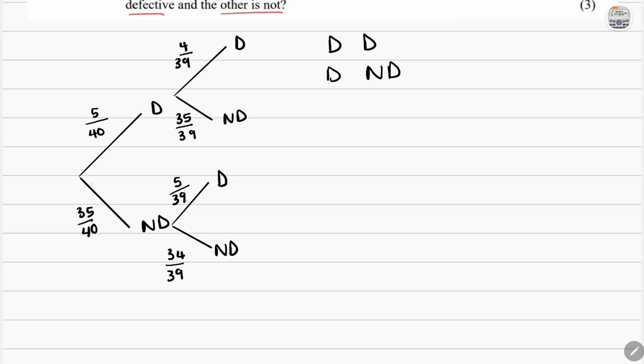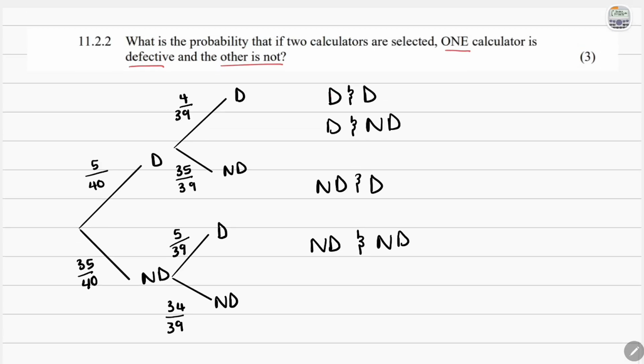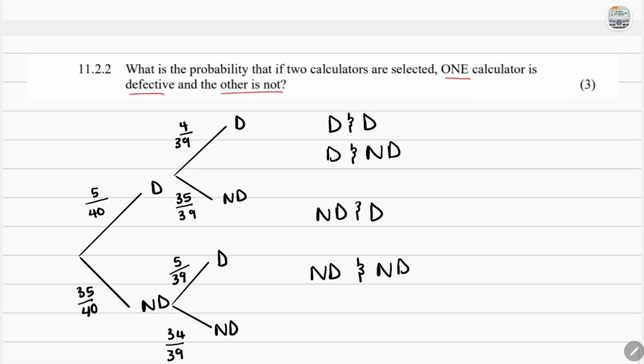And here's another outcome that we can have. We could pick, in the first pick, a non-defective calculator, and then in the second pick, we pick a defective. And the last outcome we'll have is we pick a non-defective calculator and a non-defective in the second pick. Okay, so these are all the outcomes that we can get. And we need to just look for the ones that have defective and non.